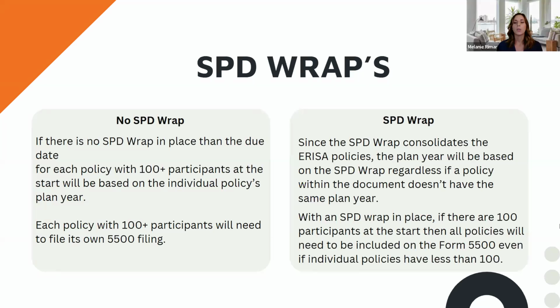And then, let's say your SPD wrap's plan year is calendar year, so January 2025 to December 2025. And you have a policy that is July to June. If we're filing for 2025, the other policies will have to end on or before your SPD wrap's plan year.